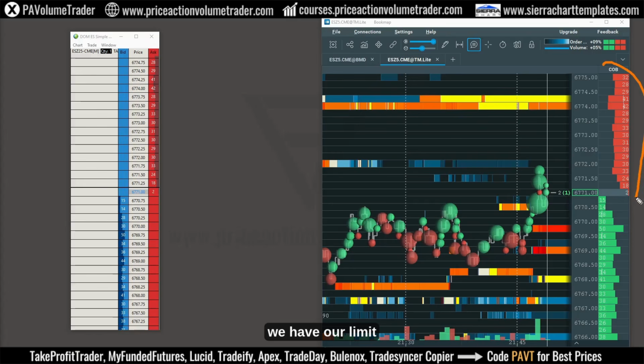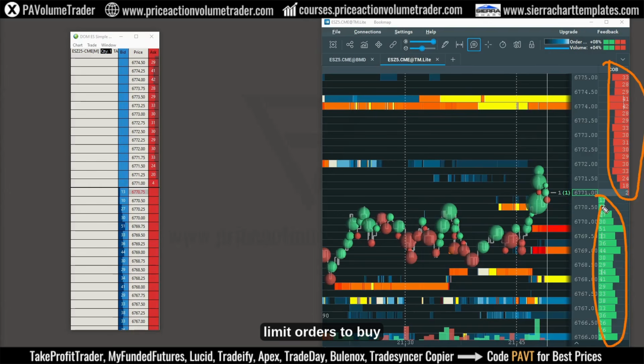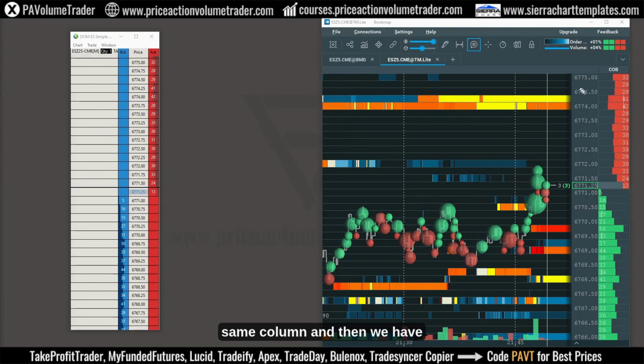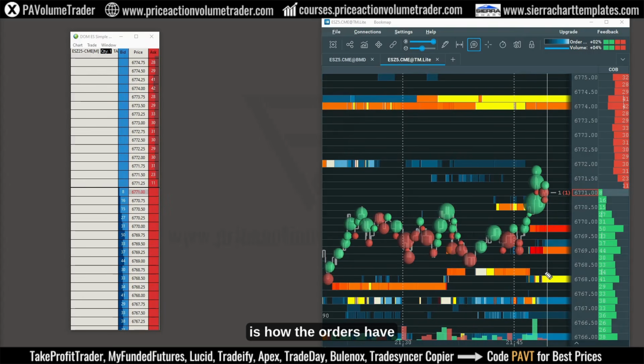So we have the same thing here. We have our limit orders to sell, our limit orders to buy. So this is basically a DOM, but we have the bid and the ask one on top of the other in the same column. And then we have price right over here. And with the heat map, what we're tracking is how the orders have historically shifted.